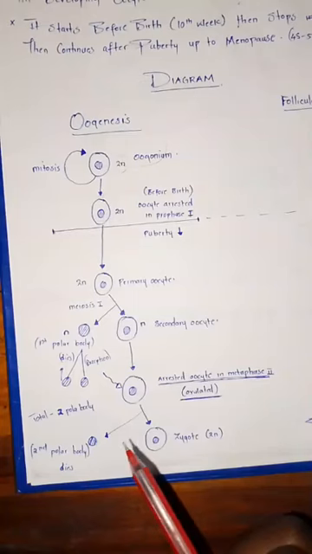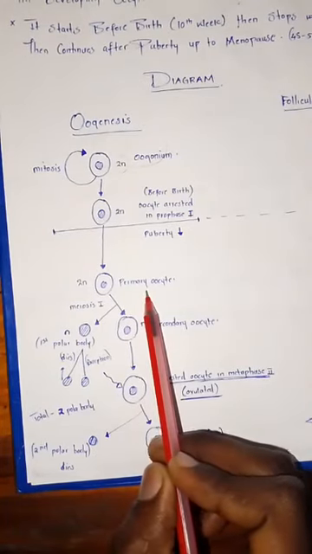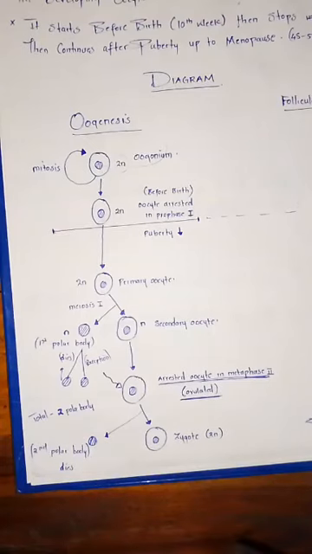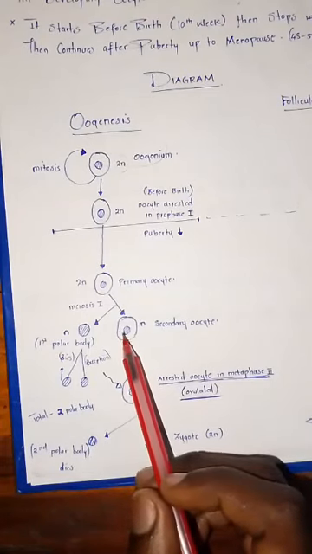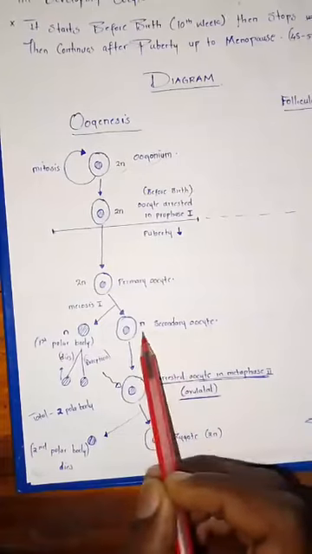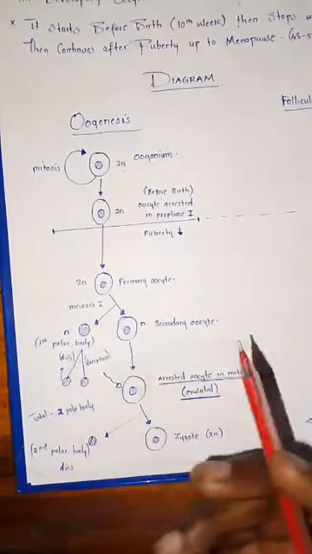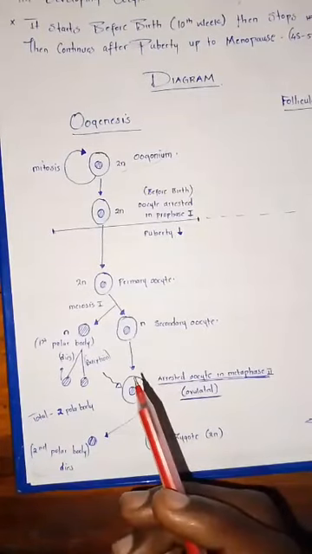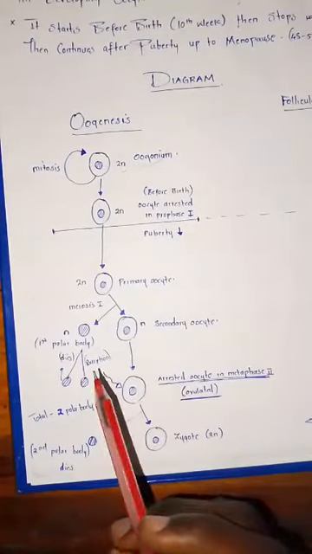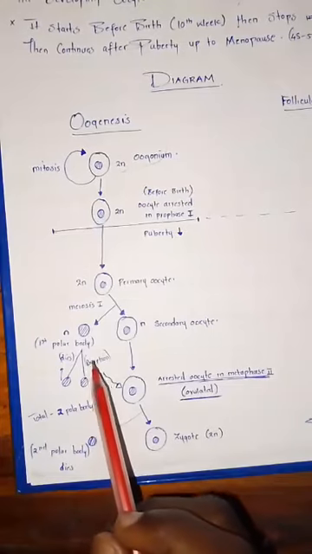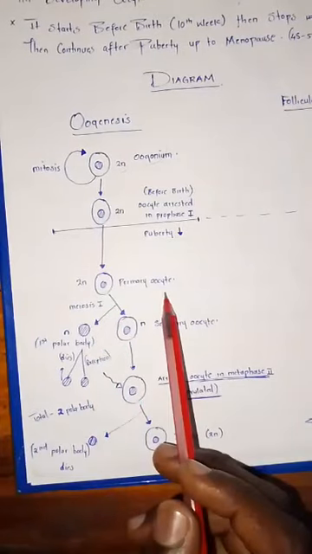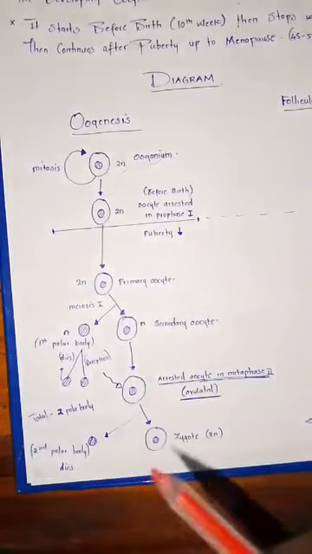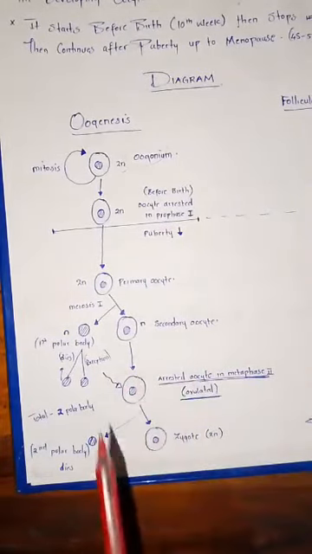This primary oocyte is going to divide, undergoing meiosis to form the secondary oocyte and a polar body. These polar bodies are just bodies that are formed that are not functional or useful for anything, but they just undergo death when they are formed. So as this primary oocyte undergoes division in that meiosis stage, when it is released from prophase 1 after the child reaches puberty, it is going to form the secondary oocyte.